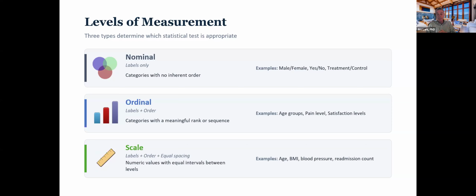Ordinal has both the names as well as order. So the first horse comes in first, the second horse comes in a nose later, the third horse comes in 3 minutes later, okay? There's no equal intervals between time or equal intervals in volume or things of that sort, but they are ordered.